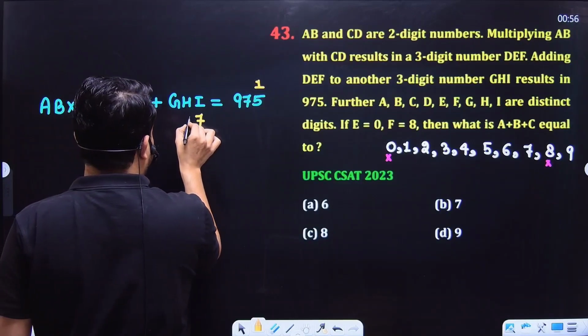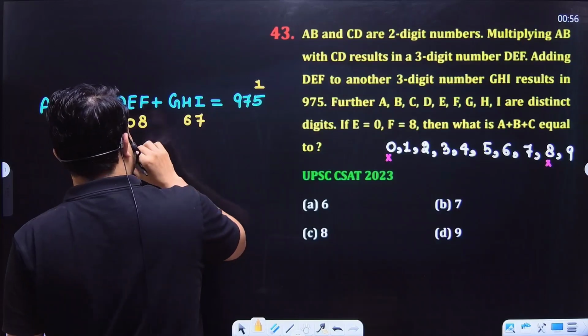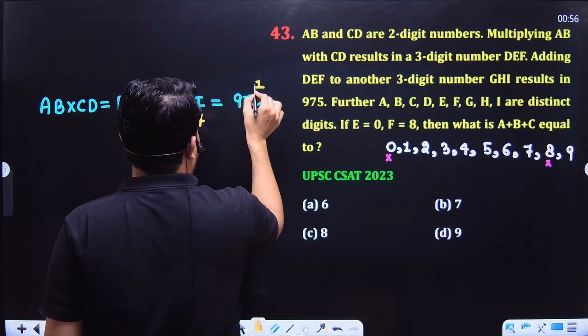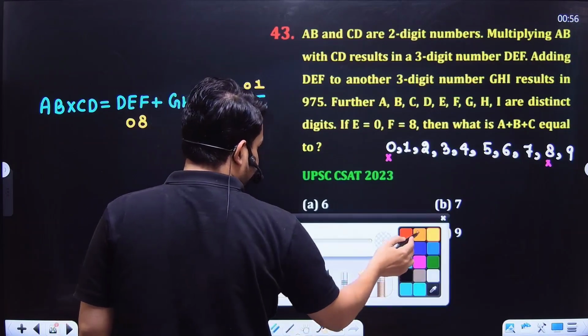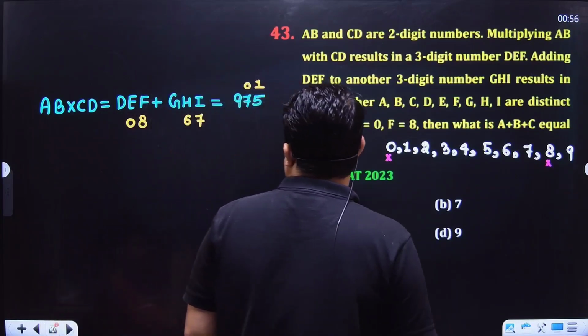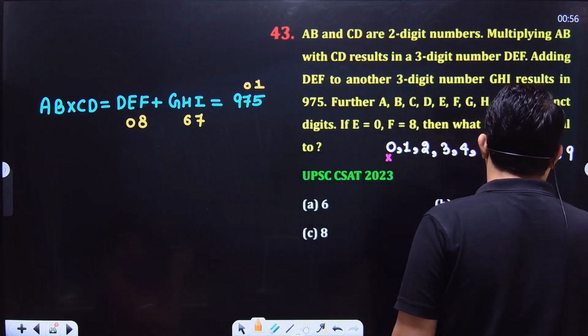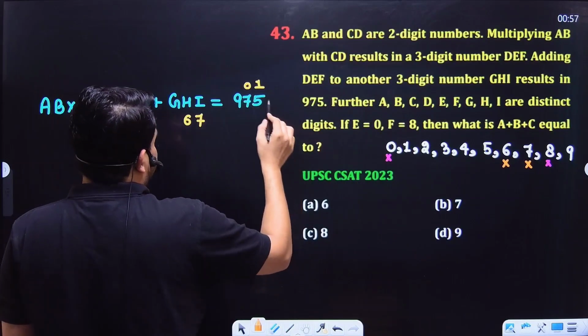So H equal to 6. 0 plus 6 plus 1 is 7. So we have 7. Carry 0 here. See what numbers we have taken. We have taken 6 and 7, so these numbers are already taken. So we have no carry, 0 carry here.